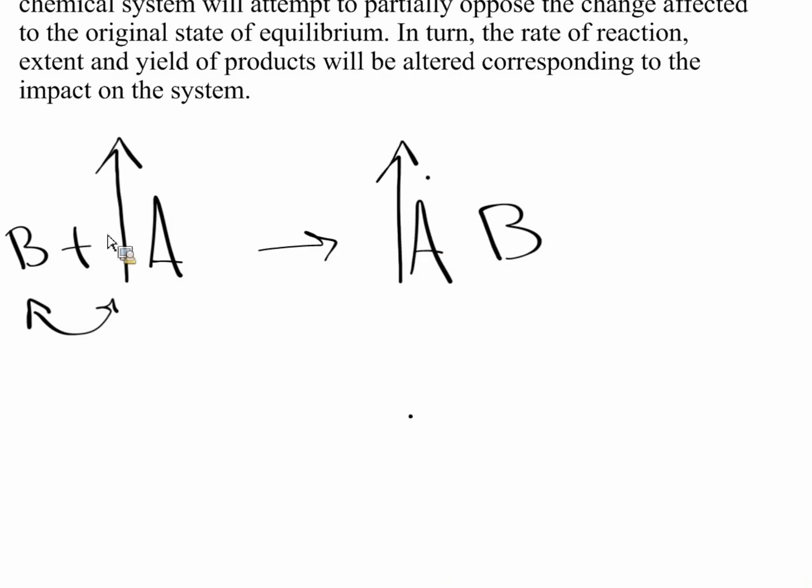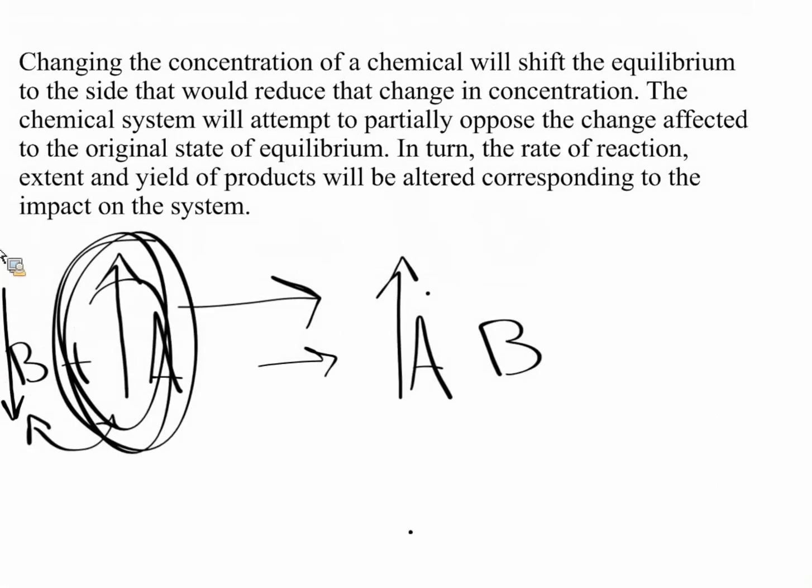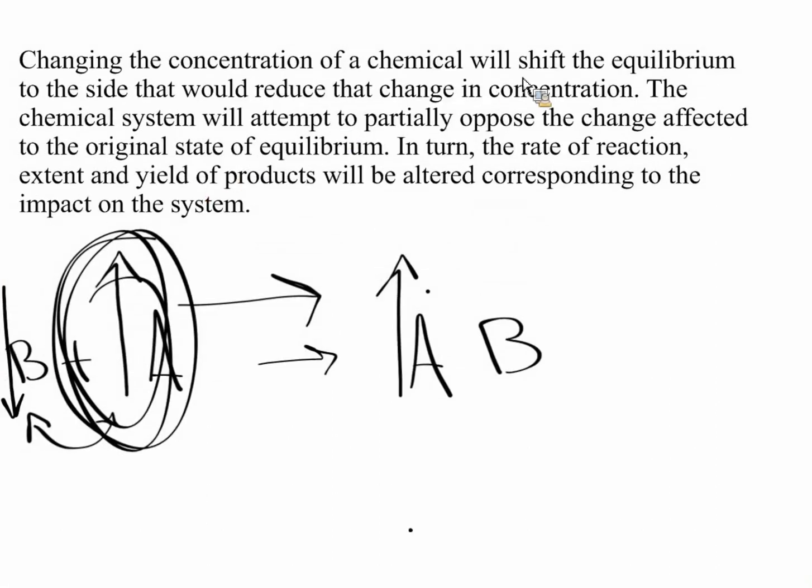But what would happen to B? It would have to go down. So if I add to one side, I go away, which means I produce more of the other. As this top sentence says, changing the concentration of a chemical will shift the equilibrium to the side that would reduce the change in concentration. My change was adding, so in order to reduce my concentration, I have to produce more AB.